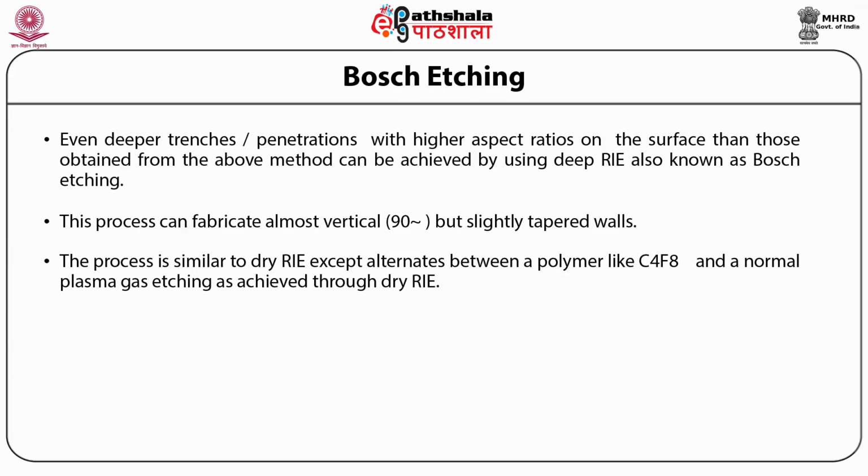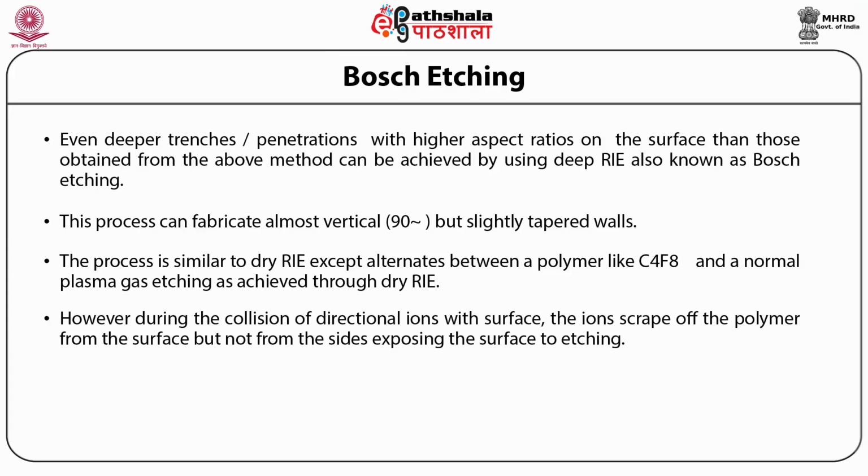The polymer forms a passivated layer like that of Teflon on the surface, preventing it from etching. However, during the collision of directional ions with the surface, the ions scrape off the polymer from the surface but not from the sides, exposing the surface to etching.